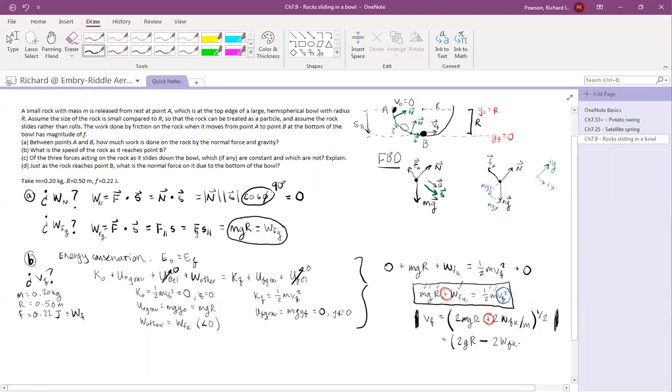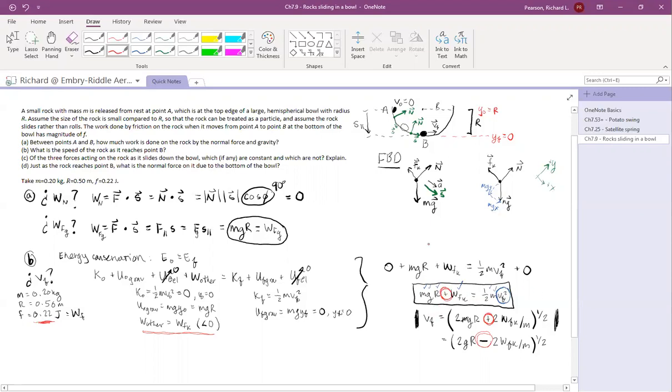So we just have to be careful. If you include the negative in your value over here, that would have been fine. But I stated here that it was going to be less than 0, so that's why I didn't have the negative in there. But just to make it more clear, I'll put the negative right there for you. So the work that the friction is doing is removing energy from being transferred from the potential energy to the kinetic energy, and so it's going to make this a slower velocity, right? If friction wasn't there, then the velocity would be greater.